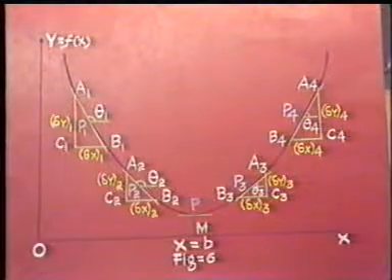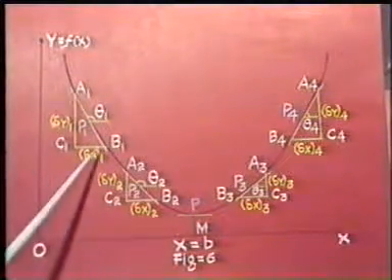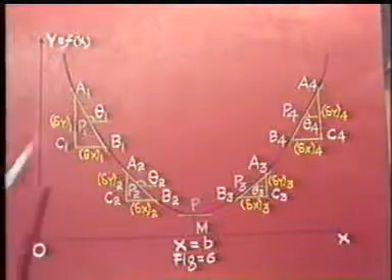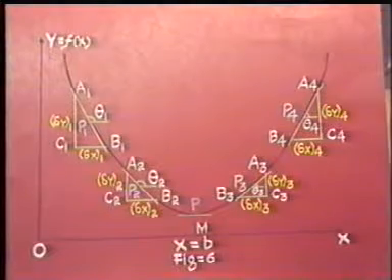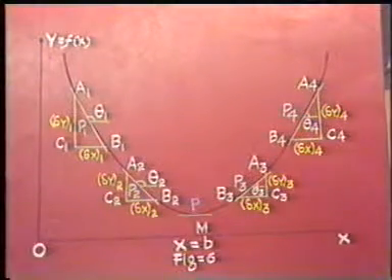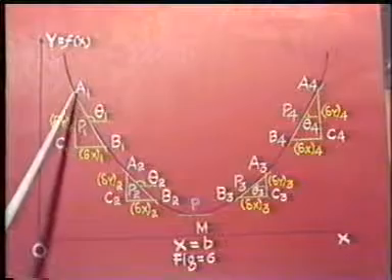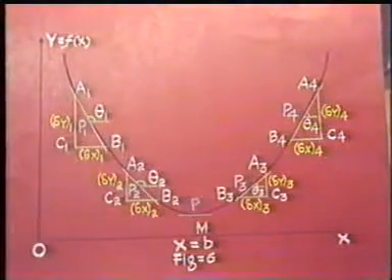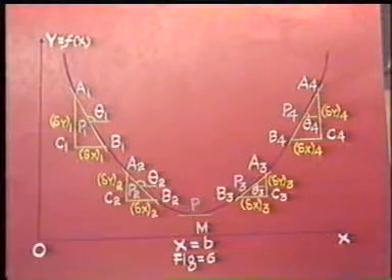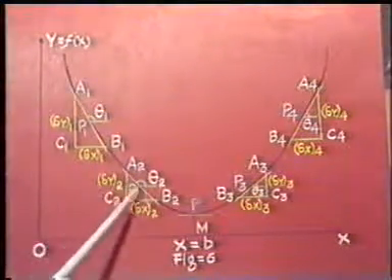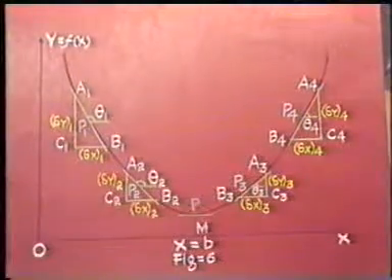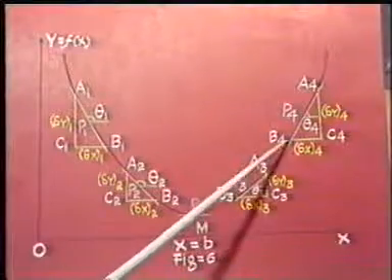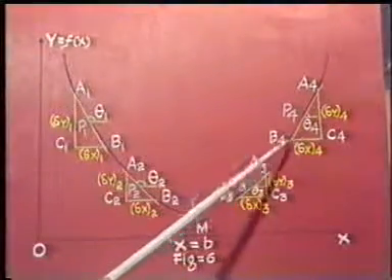Now we mark 2 points A1 and B1 on the curve on both sides of the point P1 at equal horizontal distances from it. Now complete a right angle triangle A1, B1, C1. Similarly, we shall make right angle triangles A2, B2, C2, A3, B3, C3 and A4, B4, C4.